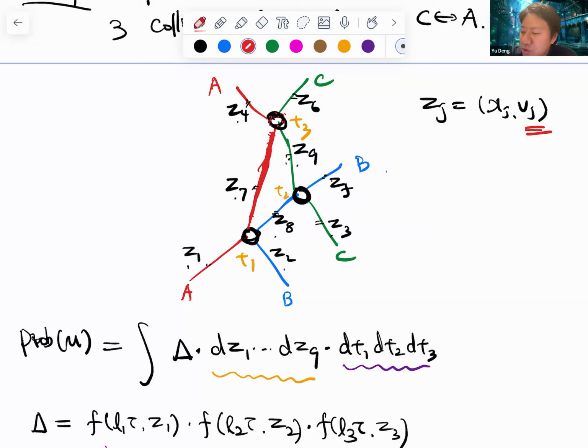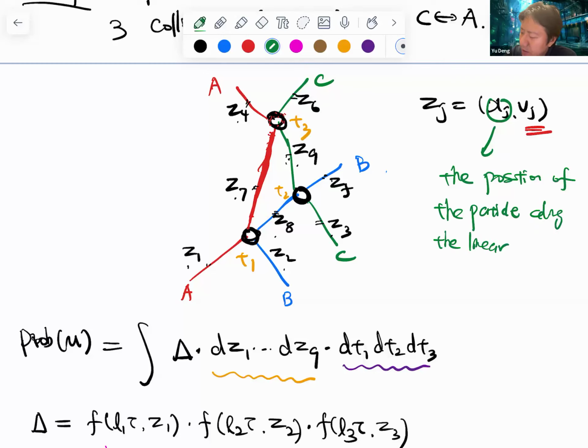We can represent this trajectory by a single variable Xj, which is the position of the particle along the linear trajectory, then transported backwards to 0.